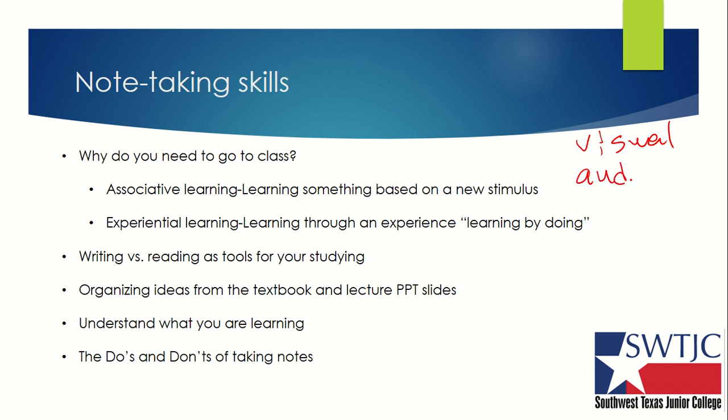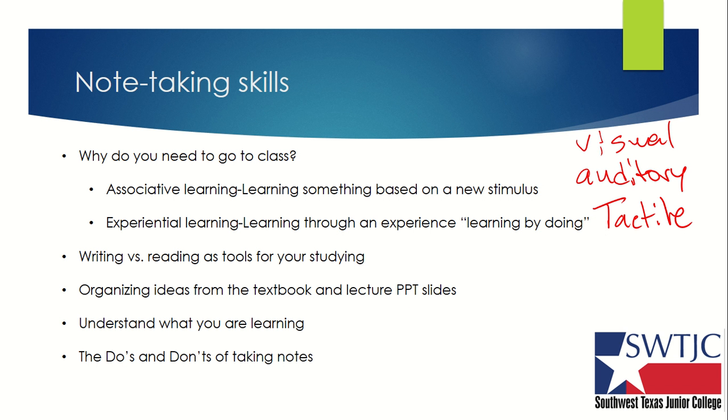An auditory stimulus. Or a tactile stimulus, right? You can see something, you can hear something, you can touch something, you can write something down. All three of these are really important, and they can only be found in a lecture, going to class, or in a lab.